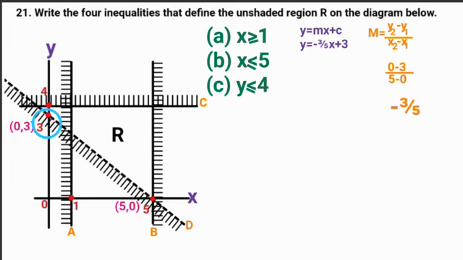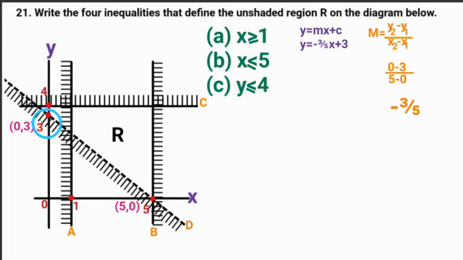Now we need to change this equation to become the inequality. So we're going to put the greater than or less than sign. When we look at this line, the unshaded part is on top. That means the unshaded part will be greater.